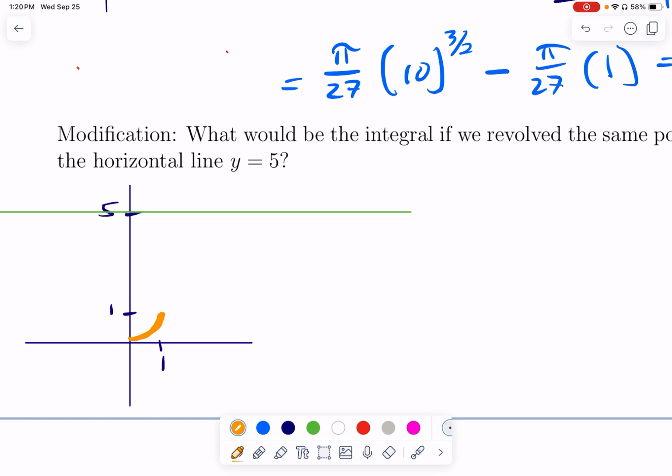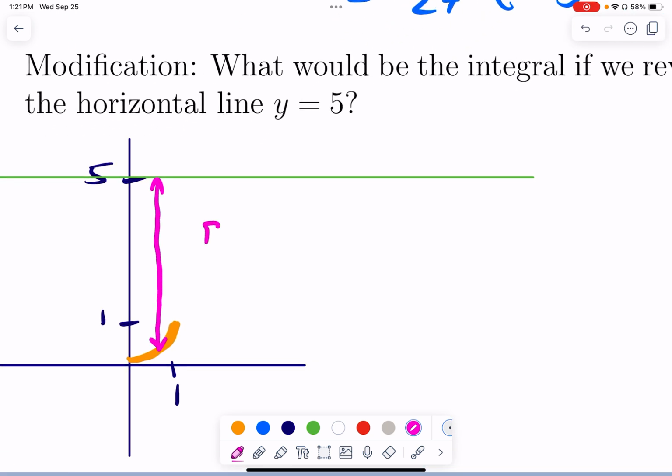So the radius now would be, oops, let me change my color. My radius would be the distance between the curve and y equals 5. So the radius would actually be 5 minus f of x.